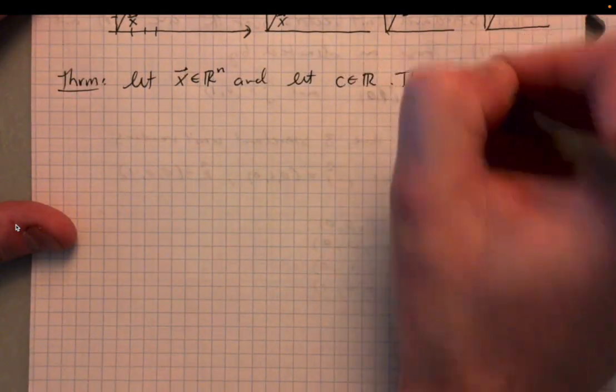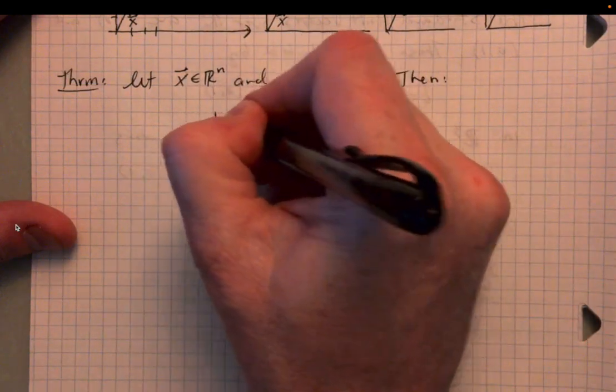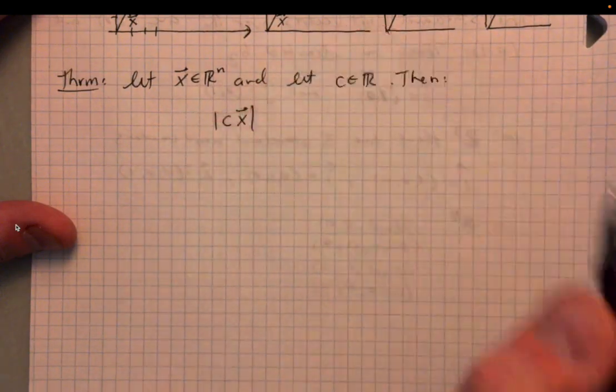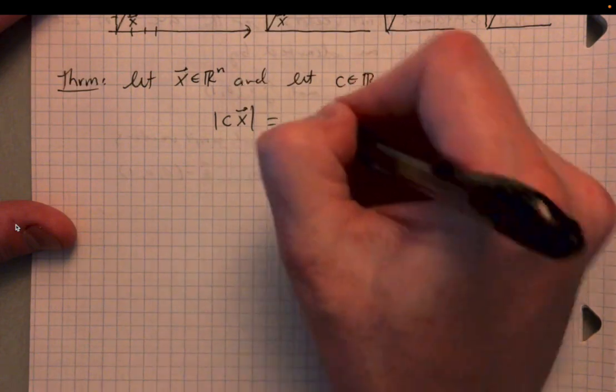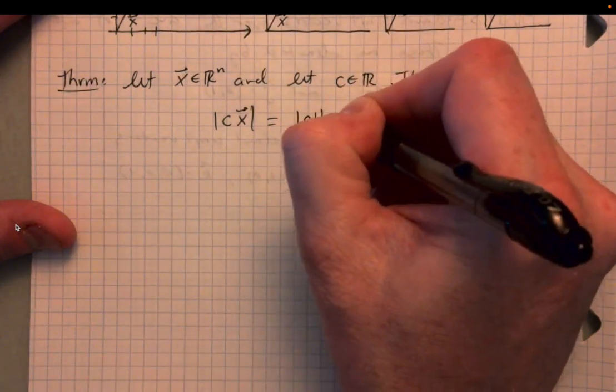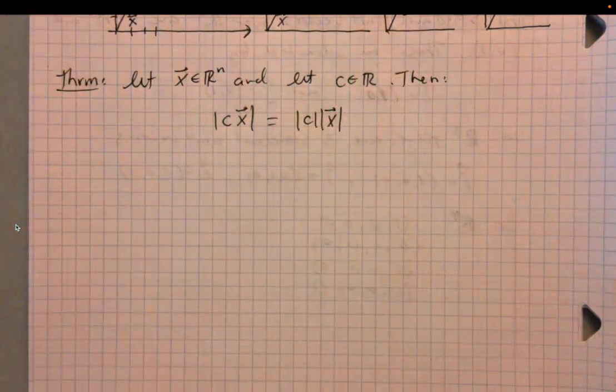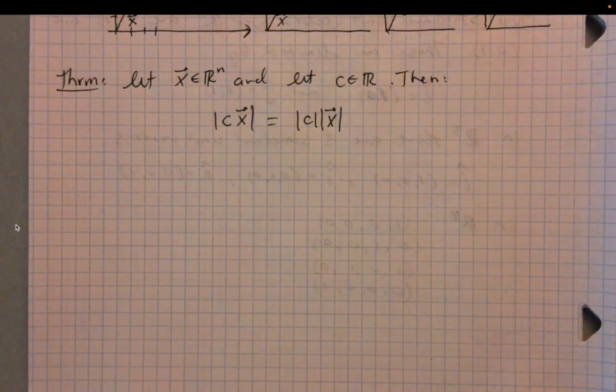Then the norm of c times x is equal to the absolute value of c times the norm of x. So if I take a vector and multiply it by a scalar and take the norm of the new vector cx, that's the same as taking the norm of the original vector x times the absolute value of c.